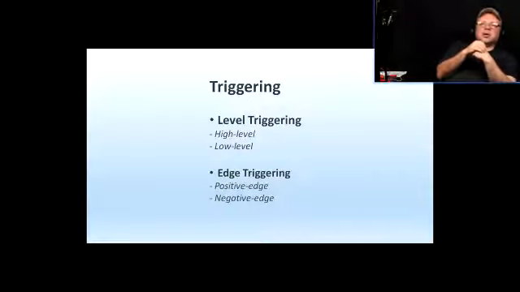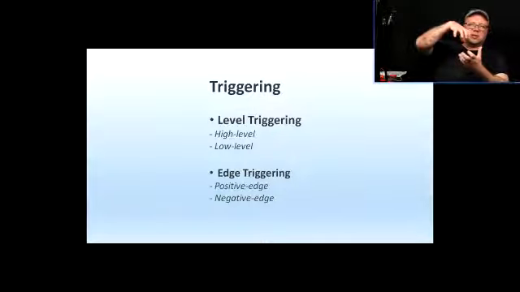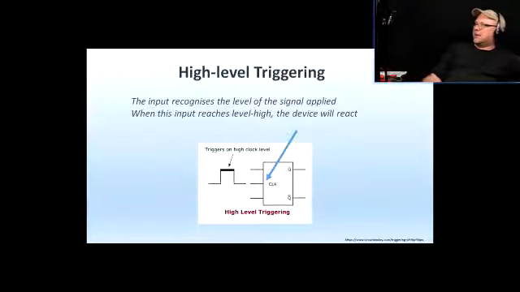And then there's that concept of applying the clock. But the clock actually works based on either level or edge triggering, and we're going to talk about what that is right now.